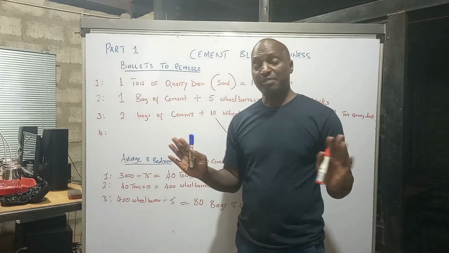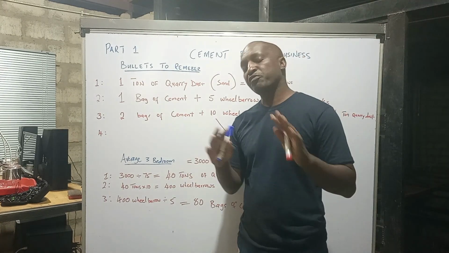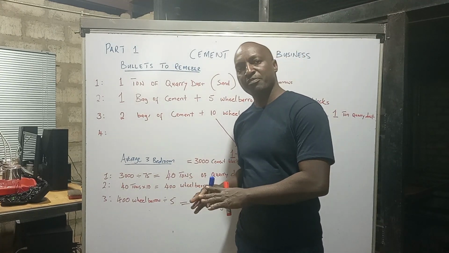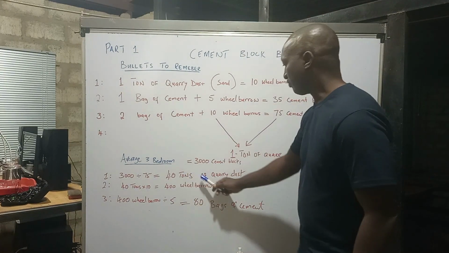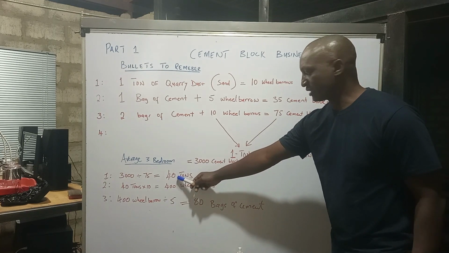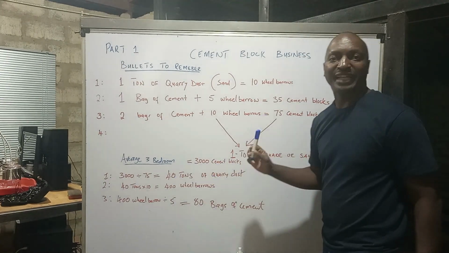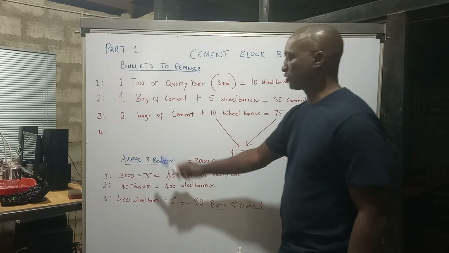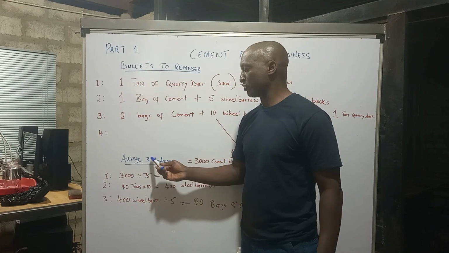The type of blocks that I'm talking about here is 150 millimeter by 400 millimeter by 200 millimeter high. So these are the tons that you're going to use: 40 tons of quarry dust or 40 tons of sand that will be used to make the 3,000 blocks which are going to build a 3-bedroom house.